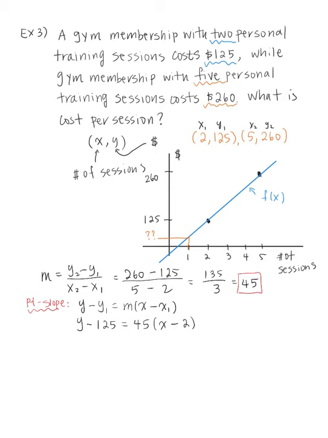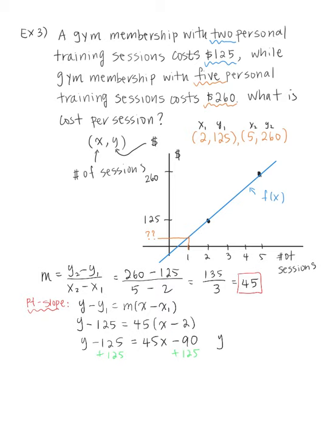All right, so now let's solve for y, which means we're going to put this in slope intercept form. First I'm going to distribute the 45 to get y minus 125 equals 45x minus 90. Now I'm going to add 125 to both sides. And what do we get?